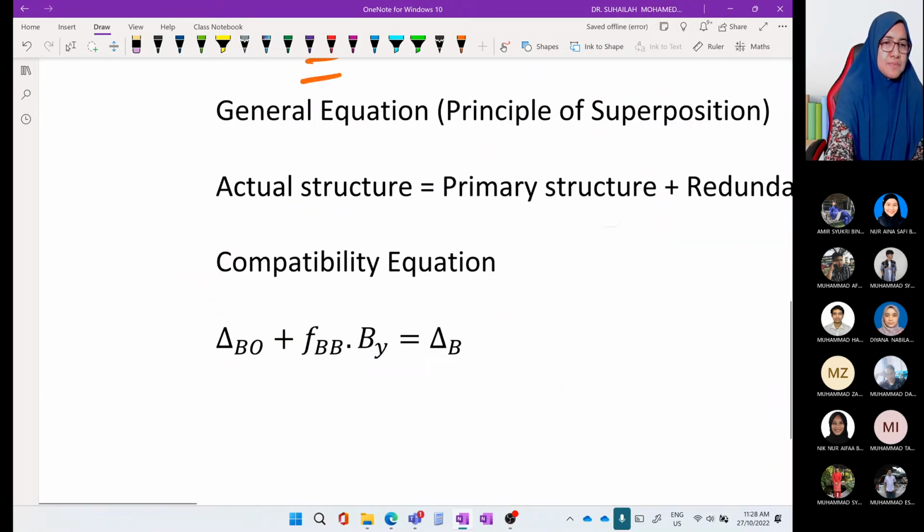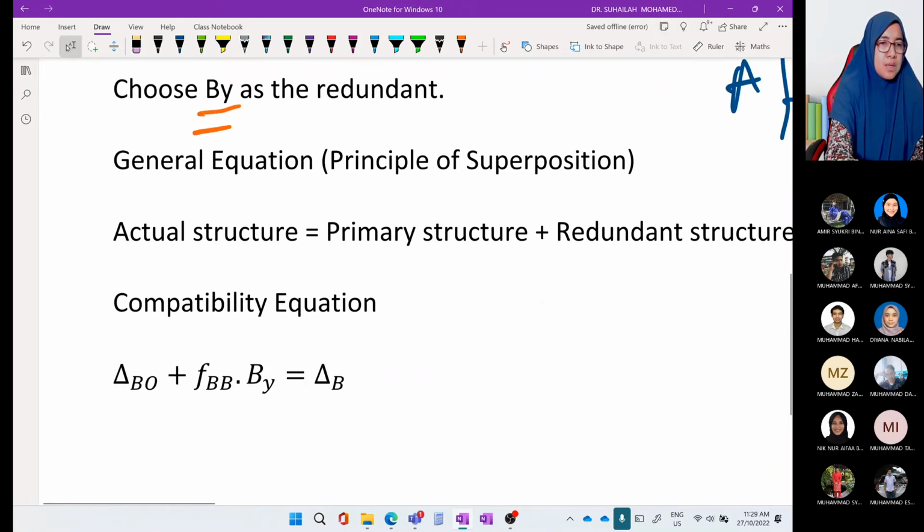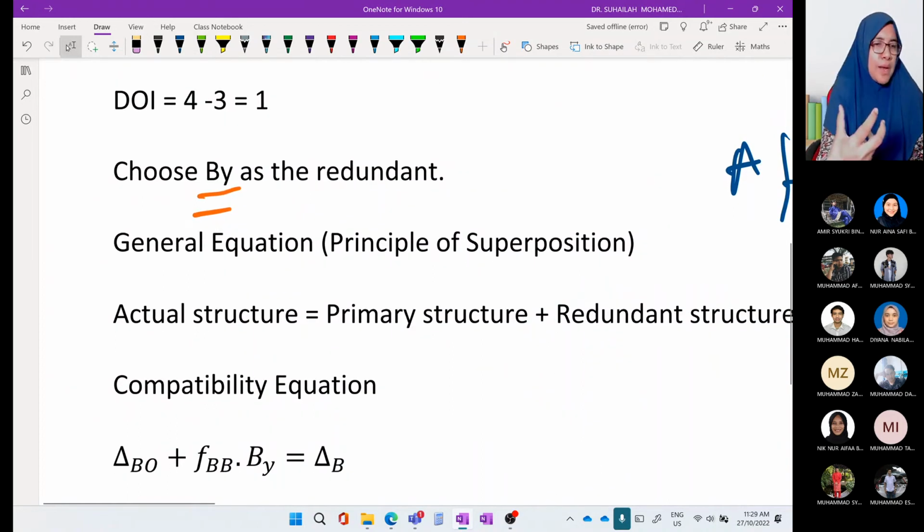So actually, whenever you want to analyze a structure using the flexibility method, the first thing to do is identify the DOI, because DOI represents the number of redundants in the system. Then we have to choose the redundant. We have two options.